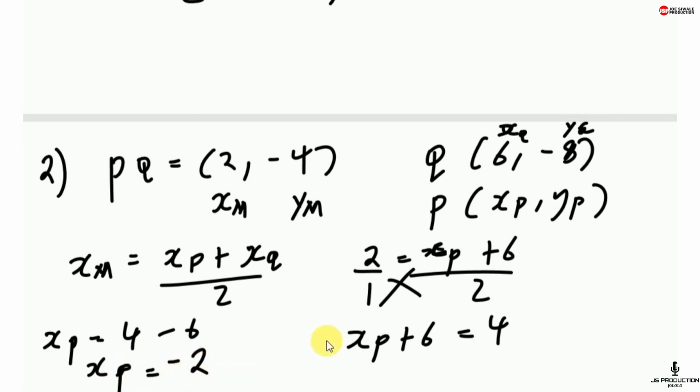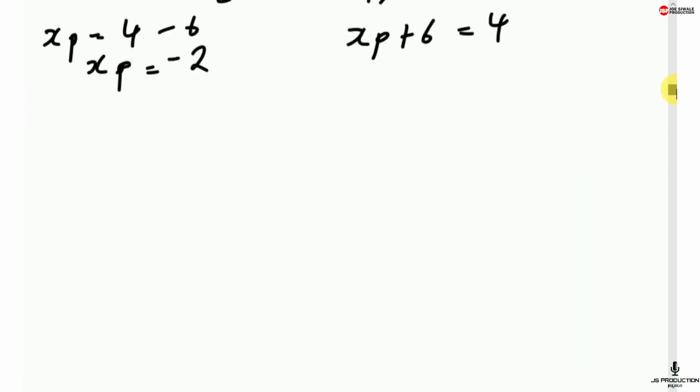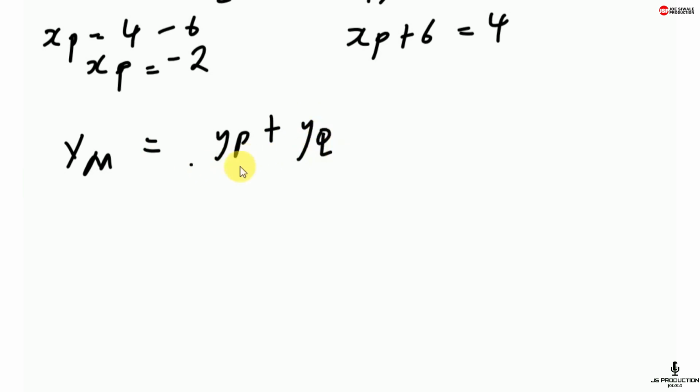Let us find the coordinate of Y for P. So we are going to do the same thing. We are going to say YM there is equal to YP plus our YQ divided by 2.